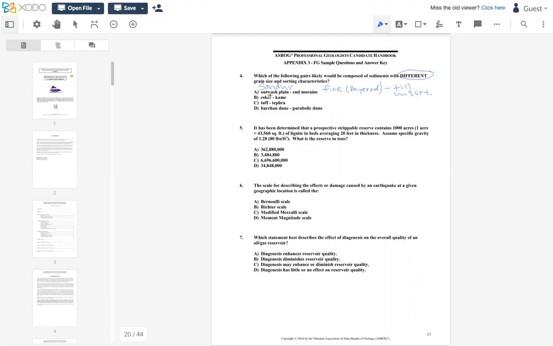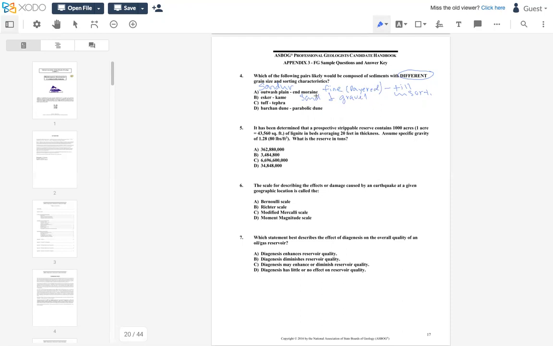So an esker and a kame. Both of those are glacial features, and if I remember correctly, both of them are made up of sand and gravel. And usually those deposits are stratified.